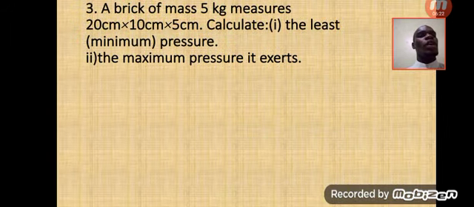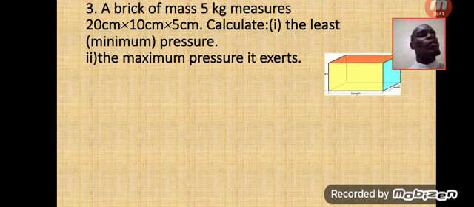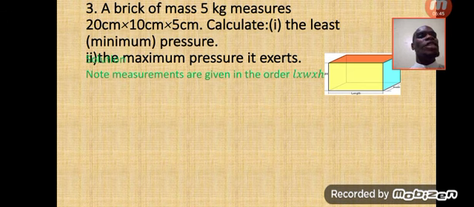Let's have a simple calculation on maximum and minimum pressure. A brick of mass 5 kilograms measures 20 centimeters, 10 centimeters, 5 centimeters. They want us to calculate the least or minimum pressure and then the maximum pressure it exerts. Let's have a brick of this kind. We can see that the measurements are in the order of length times width times height.